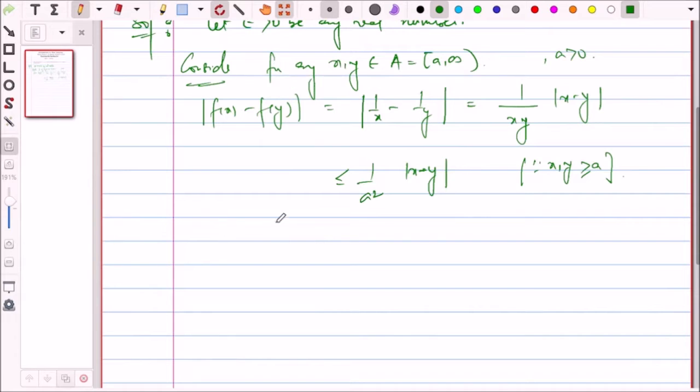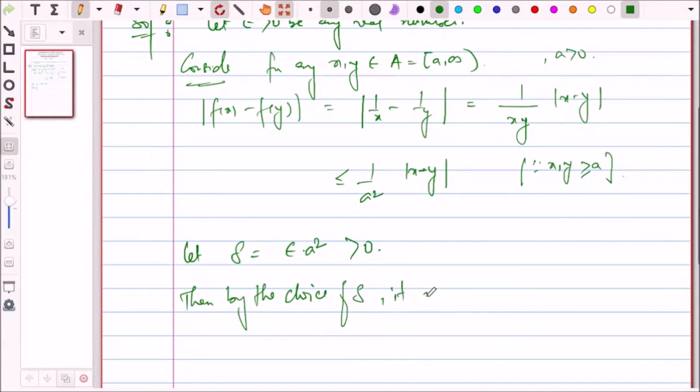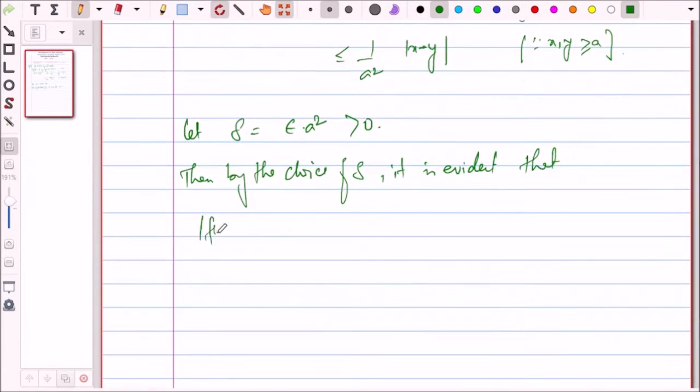So what delta can we choose? Let delta equal epsilon times a squared, which is greater than 0. Then clearly by the choice of delta, it is evident that |f(x) - f(y)| is less than epsilon whenever |x - y| is less than delta.